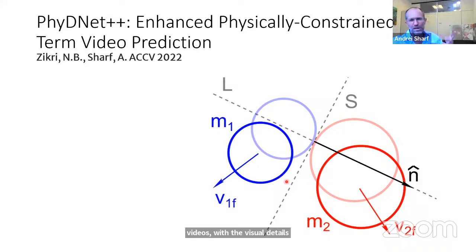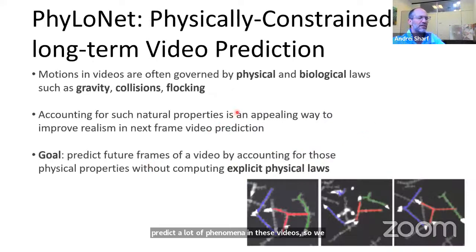And if we have the parameters of the video or the physical, we can then predict a lot of phenomena in these videos. So we look here at some specific videos that involve ball collisions and gravity, and also flocking, like crowds that follow some biological and physical laws.